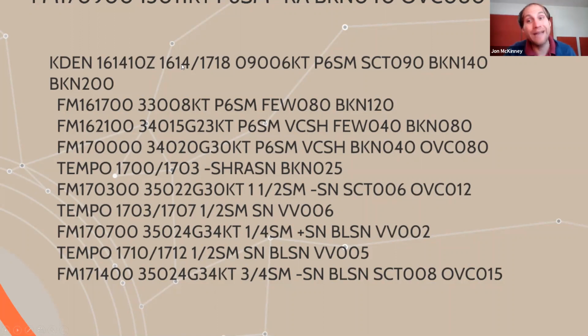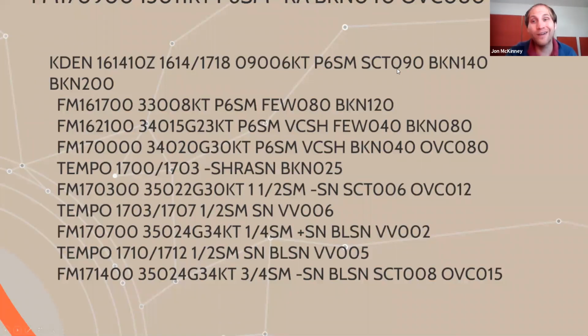Now I'm about to read you the forecast from the 16th day 14 Zulu until the 16th day 17 Zulu. So this is a 3-hour window where the forecast is 090 true wind, 6 knots, greater than 6 miles visibility, scattered 9,000 AGL clouds, broken 14,000 AGL clouds, broken 20,000 AGL clouds.